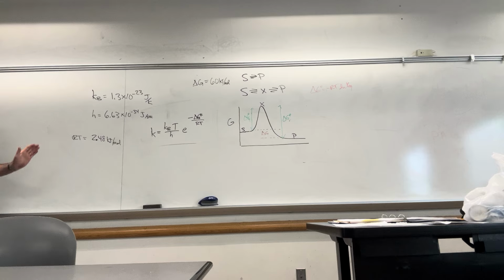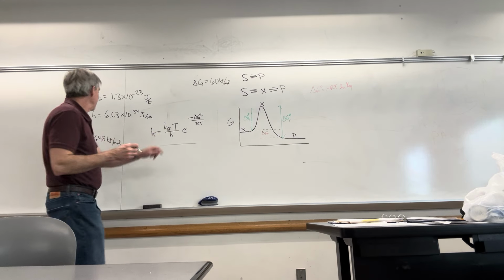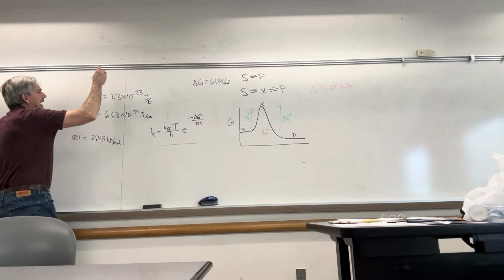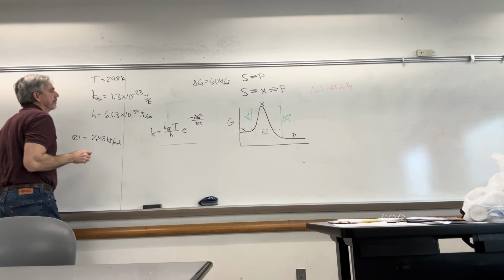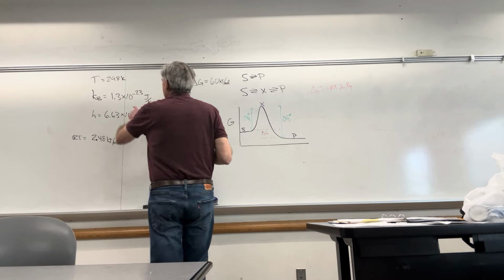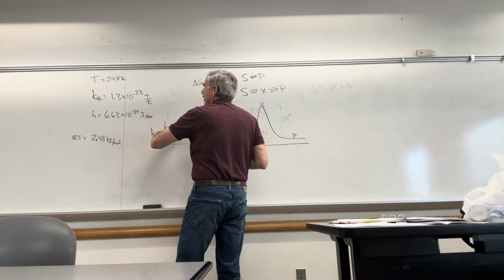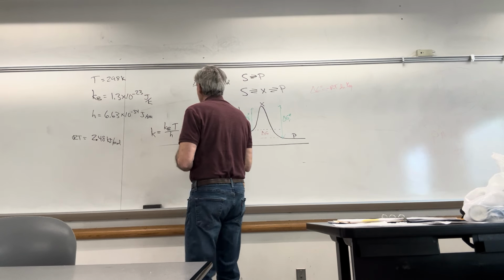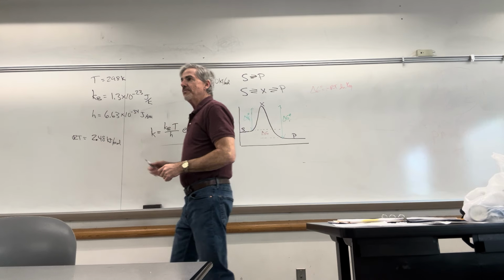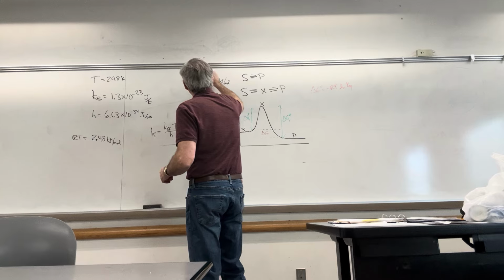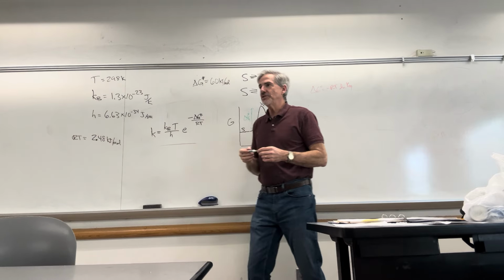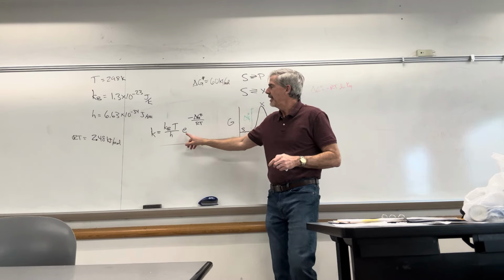So see if you can figure out how to solve this equation given that. The T is going to be 298 K. So KB, there you go. H, there you go. T, 298 K. RT, 2.48. Let's do this with an activation energy of 60 kilojoules per mole. See if you can solve that.